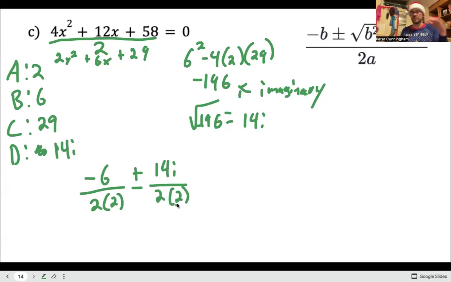But there's all these 2's everywhere, right? 14 divided by 2 is 7. Negative 6 divided by 4, right? You're not really going to write the decimal usually. You could say negative 3 over 2 plus and minus 14 divided by 4. You would just leave it as 7i over 2.